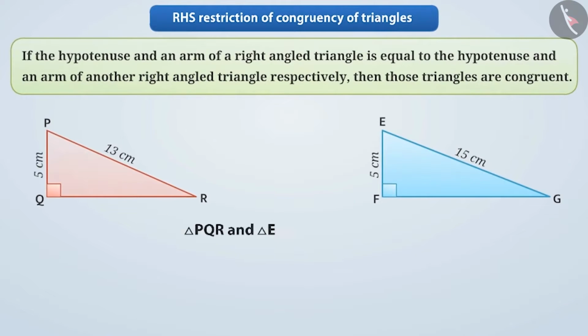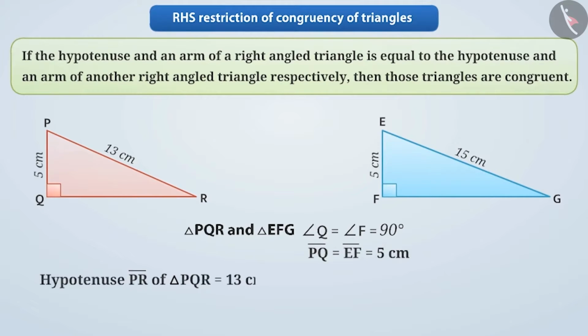Now let's talk about triangle PQR and triangle EFG. Among these, angle Q is equal to angle F is equal to 90 degrees. The side PQ is equal to EF is equal to 5 centimeters. But the hypotenuse of triangle PQR is 13 centimeters, while the hypotenuse EG of triangle EFG is 15 centimeters.